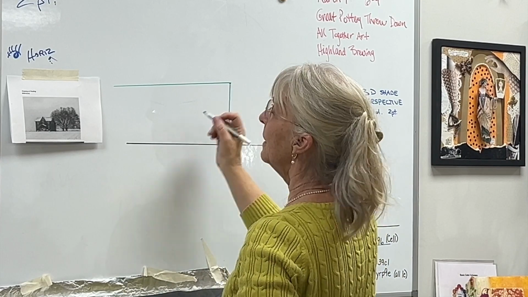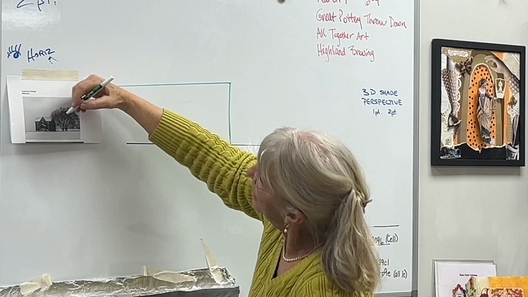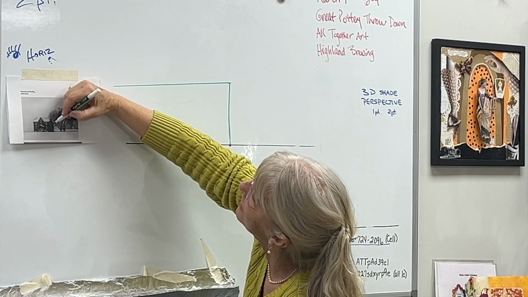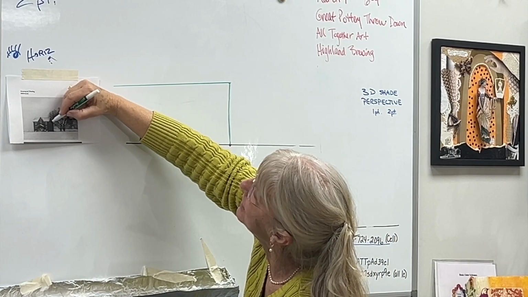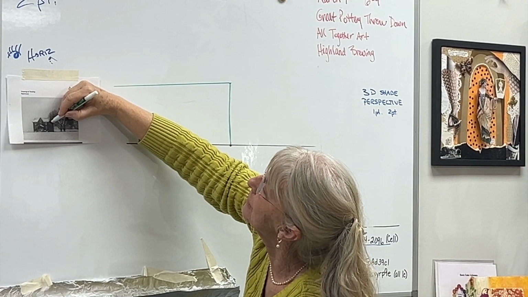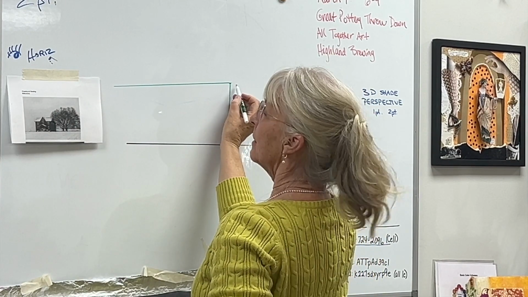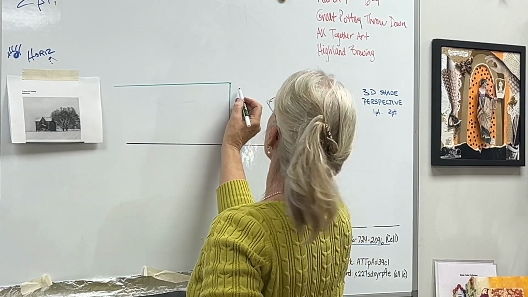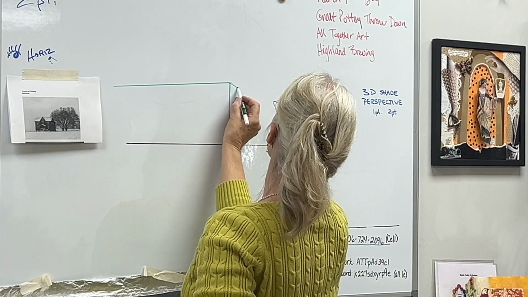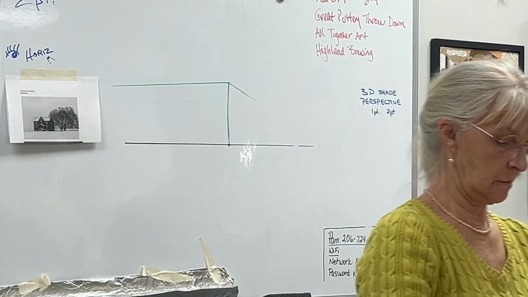It's going from here, and if we drew from this front corner to this back corner, you can see an imaginary angle there, right? You can see that imaginary angle, kind of like this, and that's going off into the distance.